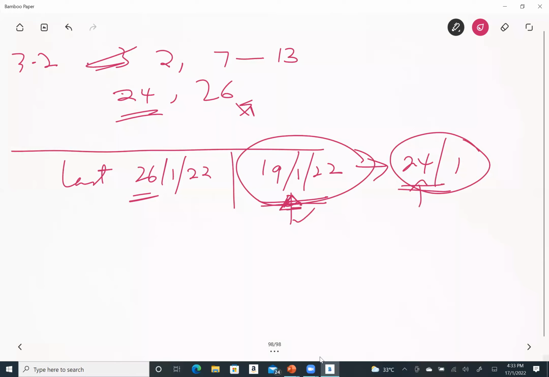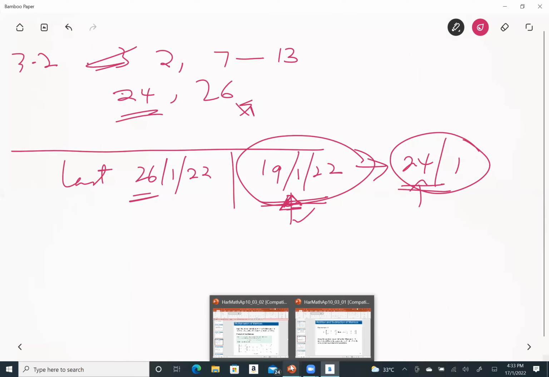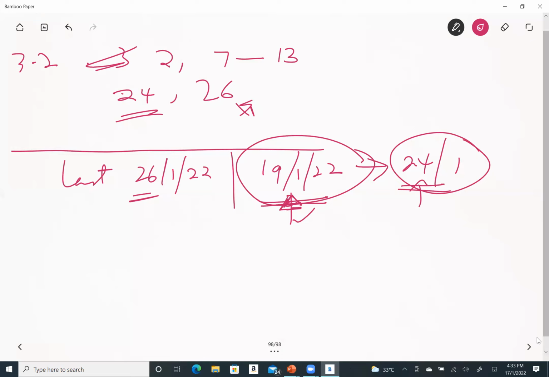All right, so that is on multiplication. The next part is a few more concepts on matrices.